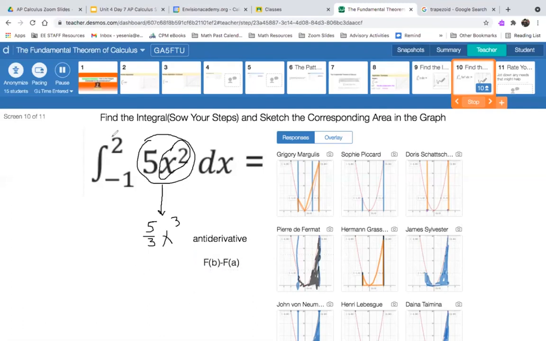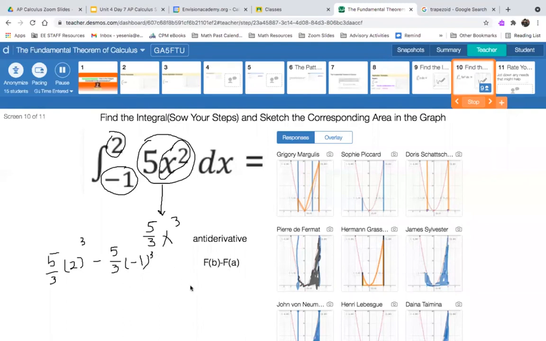So we're gonna plug in first 2. So we're gonna say, okay, 5/3, plug in 2 to the third power, minus, now we're going to plug in -1 into my antiderivative. 5/3, and we have -1, and then it's to the third.